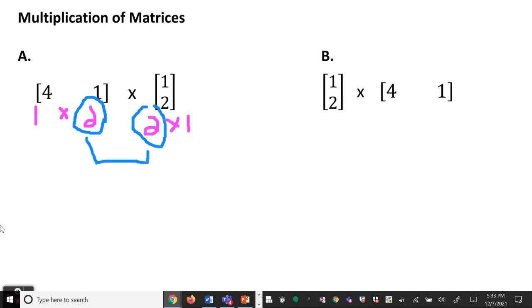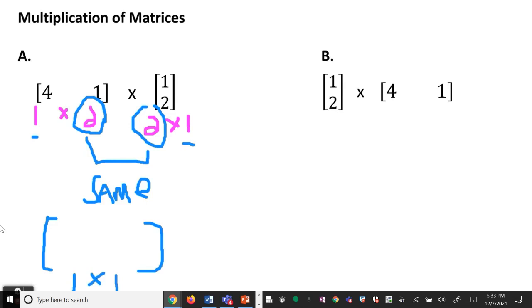If they are the same, then that means you can multiply. So you're going to get some answer here. And the outside numbers tell you how big your matrix is going to be. So in this example, you're only going to have one number to put in there.